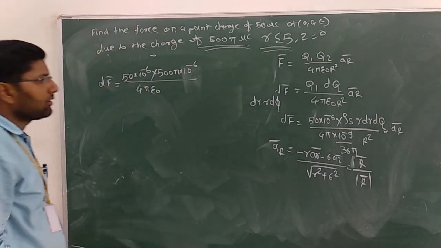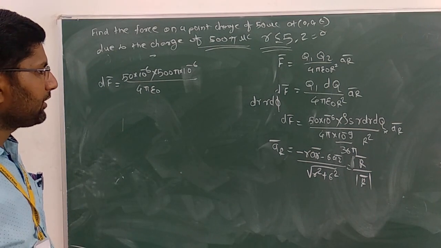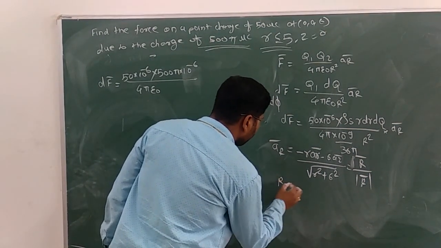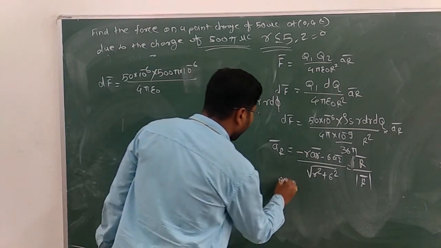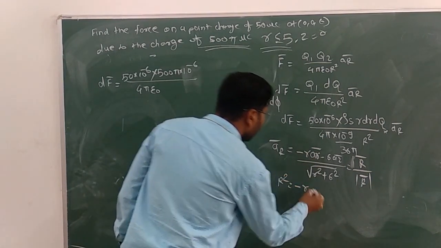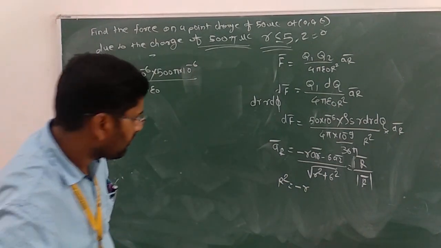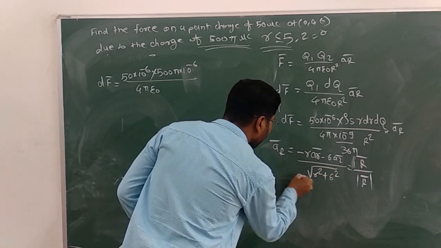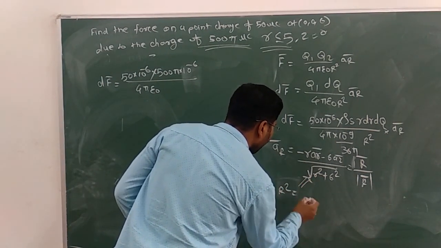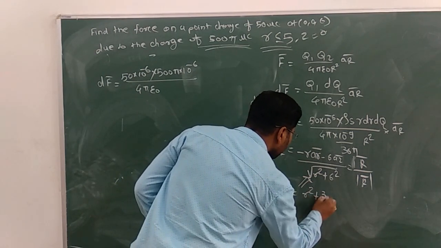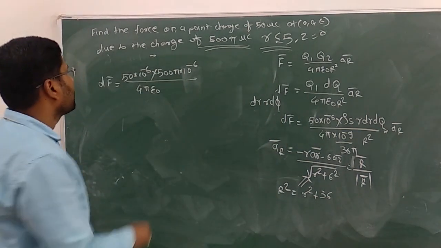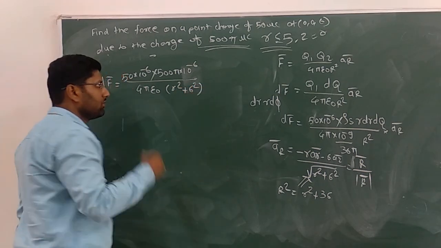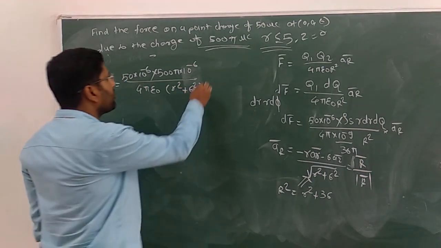R square is, now we have to calculate R square. For this purpose I will define this R bar as this, and R square is only R if you are calculating. This is your R, and R square is given by R square plus 36. So R square plus 6 square, or 36, you can write into AR bar.